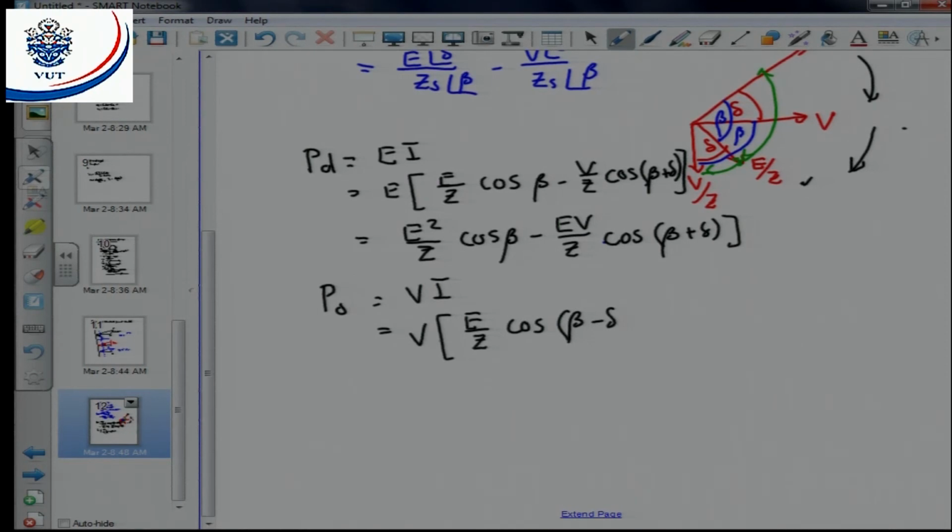If we look at Q out, that'll be VE over X, that should have been sine.